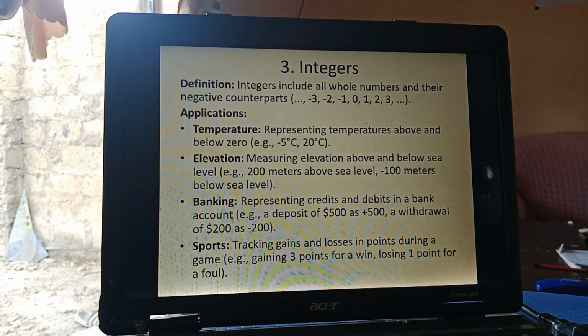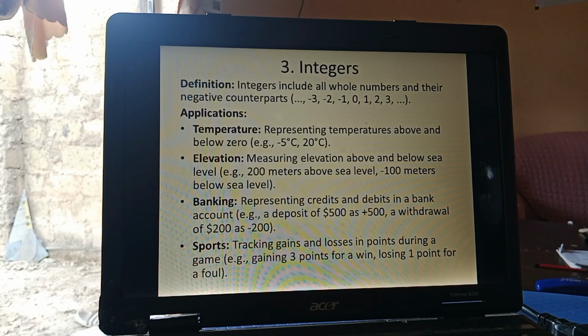Measuring elevation above and below sea level, e.g., 200 meters above sea level, or -100 meters below sea level. So sea level is the reference, below it, above it, up.